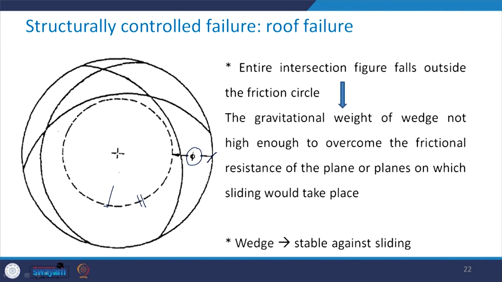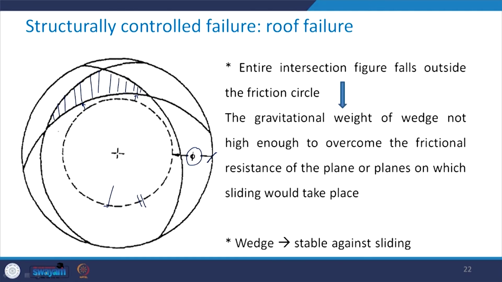So, that is going to be your friction circle. In this case, you see that this is the intersection area of the three great circles, and it is falling completely outside this friction circle.